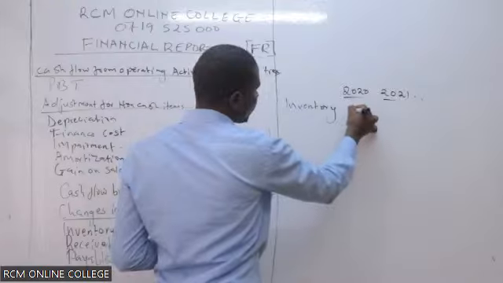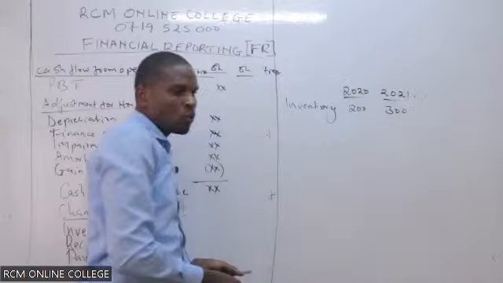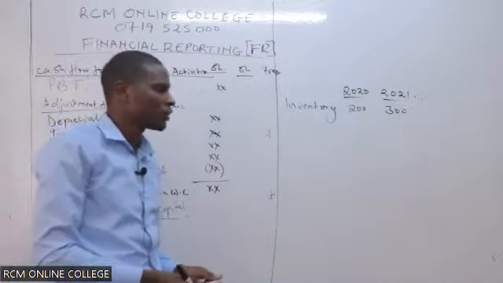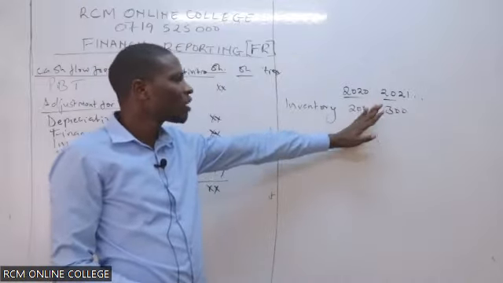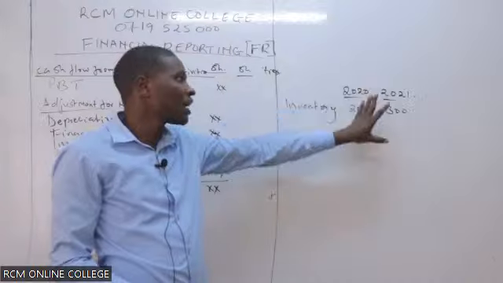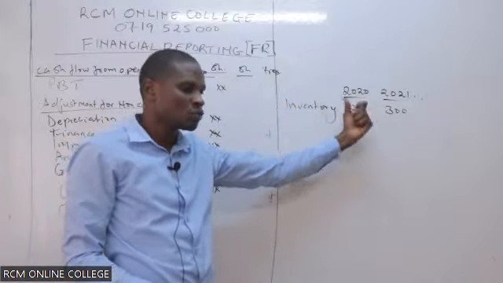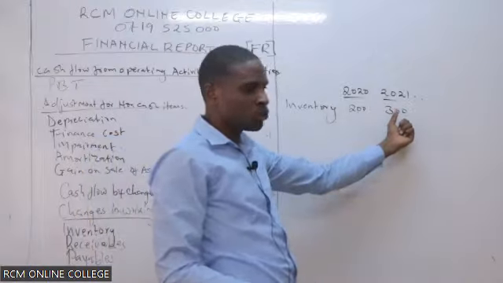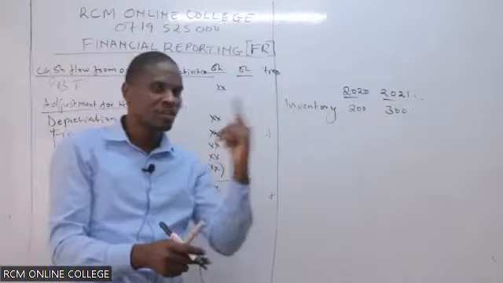Inventory: here we had 200 and here we have 300. In 2020 I'm having 200, may it be million or such. The value of inventory is 200, and 2021 is 300.